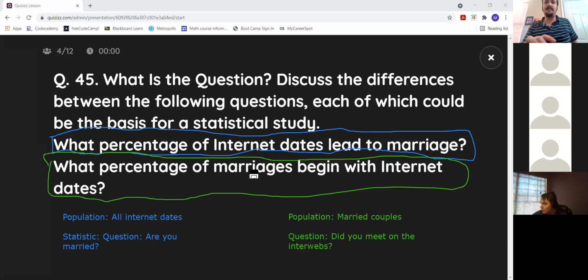This one says what percentage of marriages begin with internet dates. So here we're looking at all marriages, and then we're seeing if they began with an internet date. I think it has to do with the percentage of; it tells you where you're drawing from. This tells me the base, the denominator that I'm going to draw from.